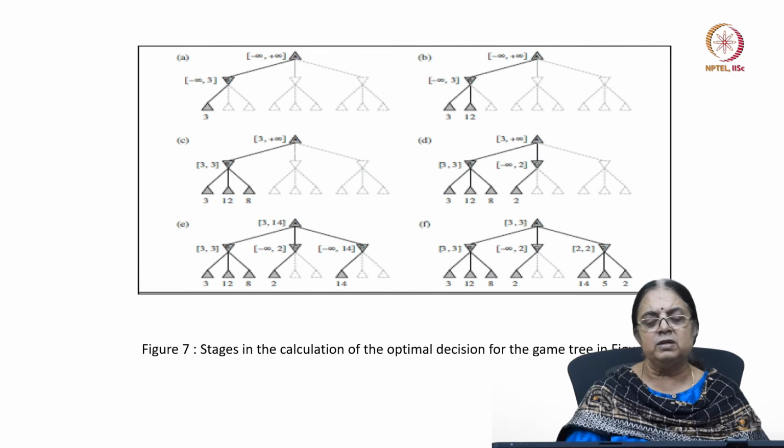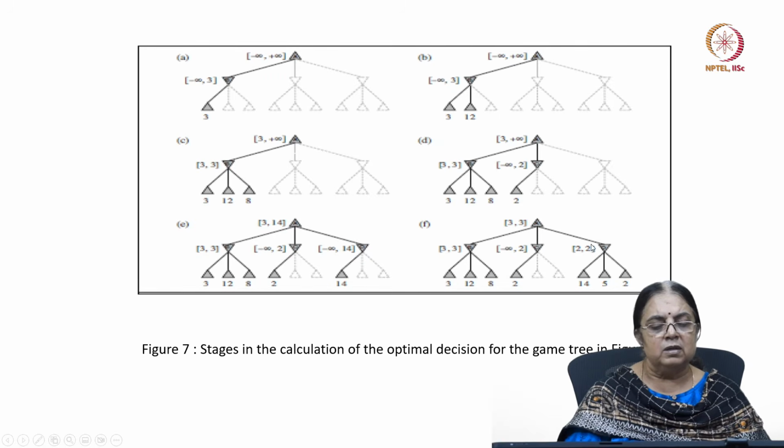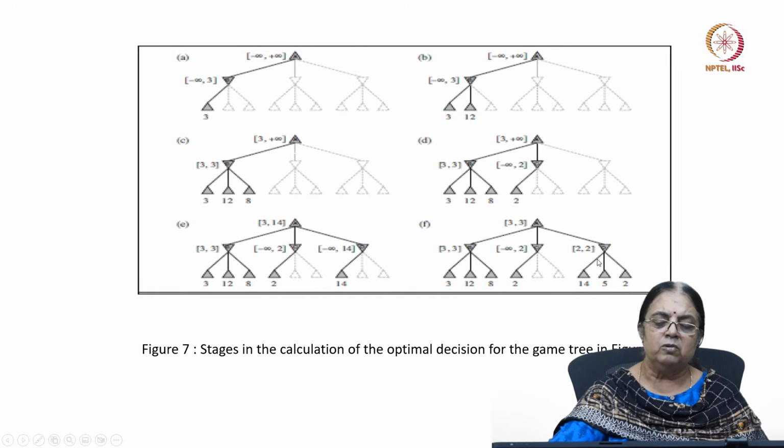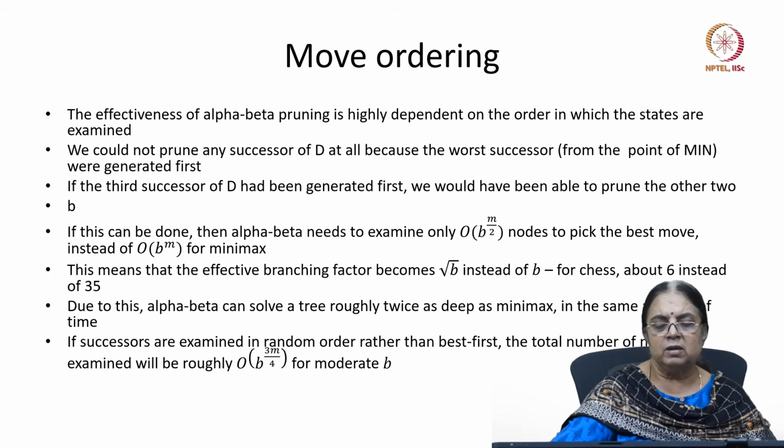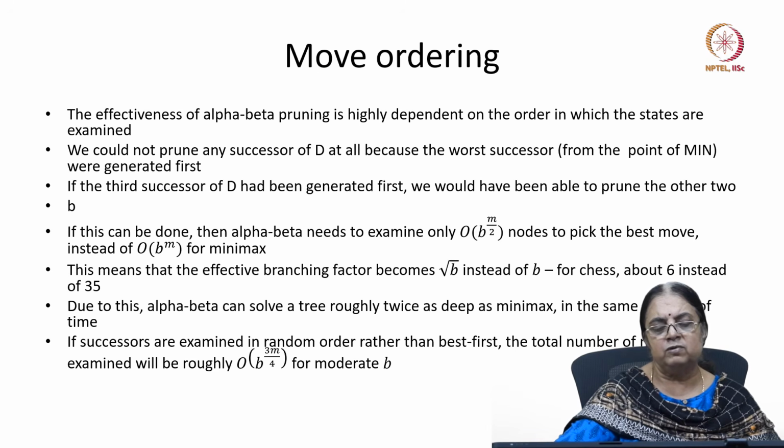So can we do anything about generating the proper nodes first? Suppose we are able to do that and we are able to examine only order of b to the m by 2 nodes instead of order of b to the m. Usually in Minimax we have to examine order of b to the m nodes.